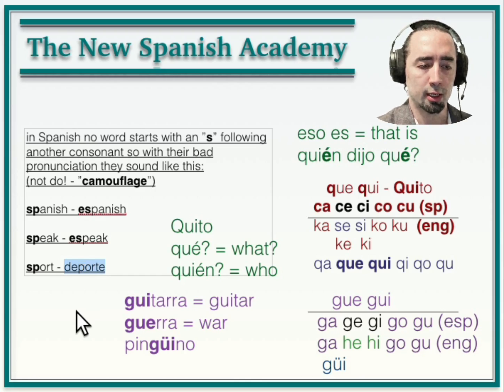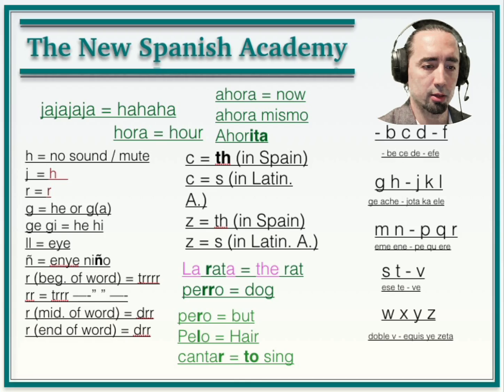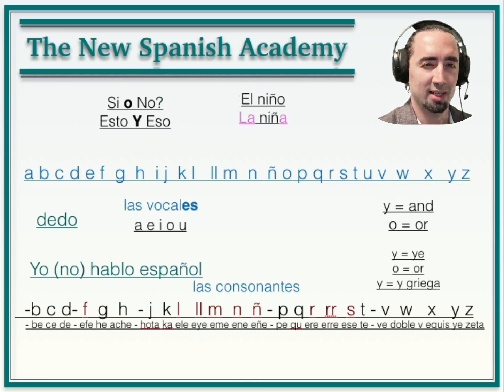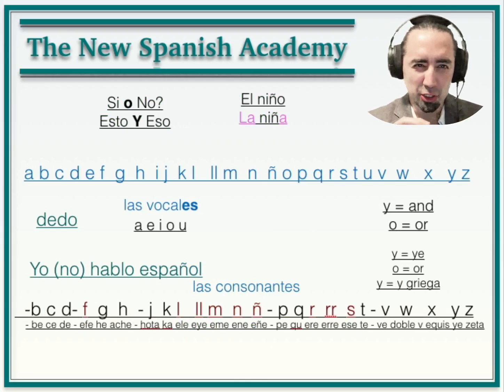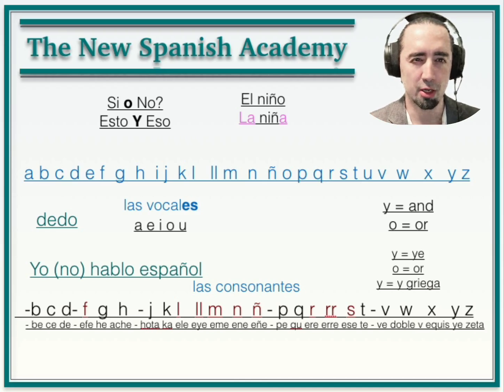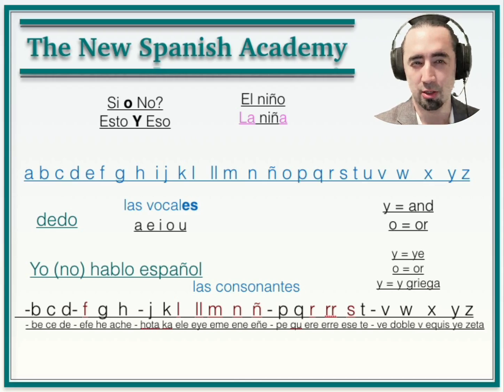Okay, now something that is maybe one of the two magical secrets of Spanish pronunciation that are going to make your native Spanish speaker friends scratch their heads.